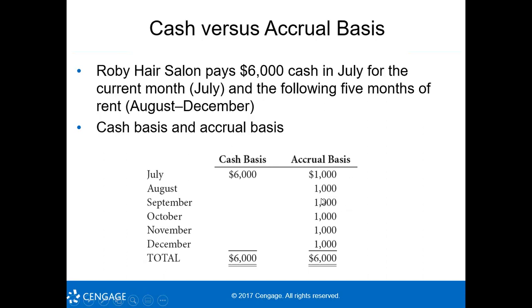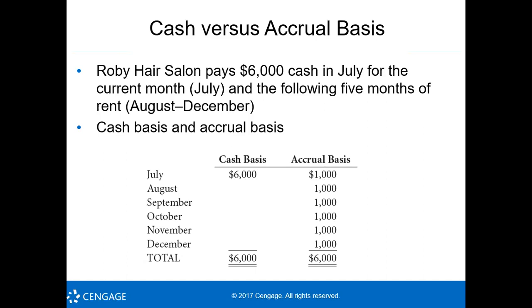And in fact, what we would do is when we paid this $6,000, it would be a debit to prepaid rent, a credit to cash. And then every month, as we did our adjusting entries, a little bit of this becomes rent expense, right? So in July, for example, we debit rent expense, credit prepaid rent.